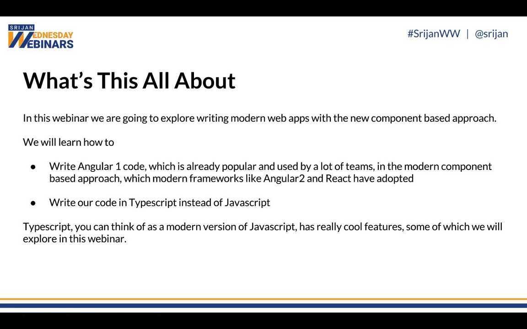So I start with components. Components are not just a keyword in Angular 1.5 or in Angular2 and React. They are a kind of philosophy, a coding philosophy. The idea behind components is that the whole application you develop is broken into small components which are complete in their own terms.